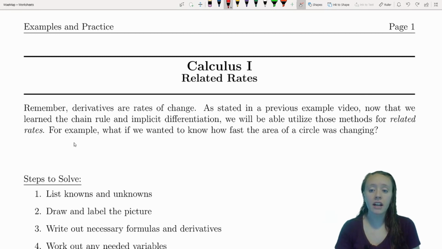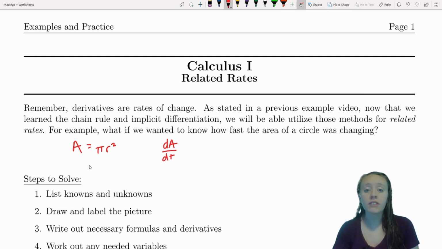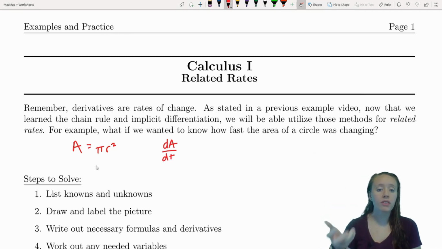So if area for a circle is pi r squared, and we want to know how fast that area of the circle is changing, we want to know dA dt, the derivative of our area with respect to time, the rate the area changes with respect to time, how fast that area is changing.